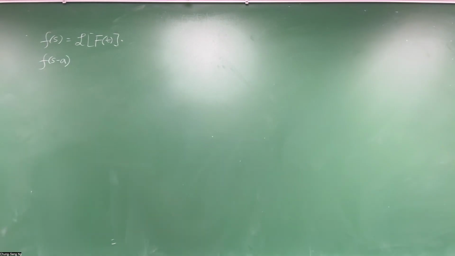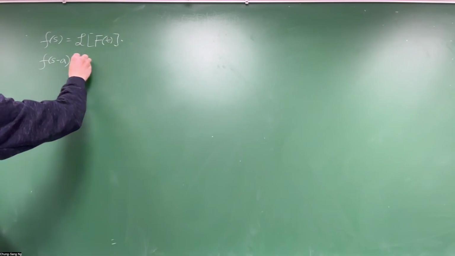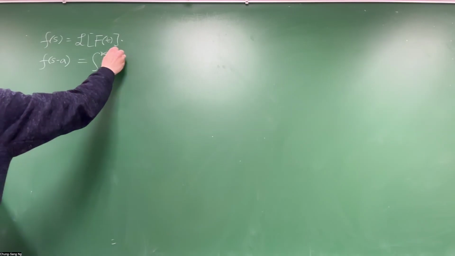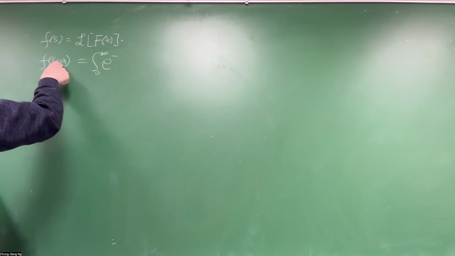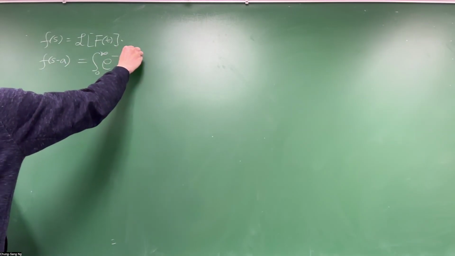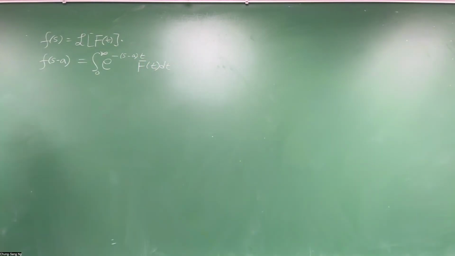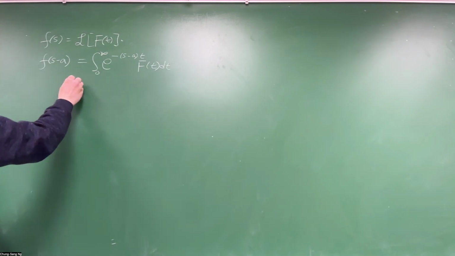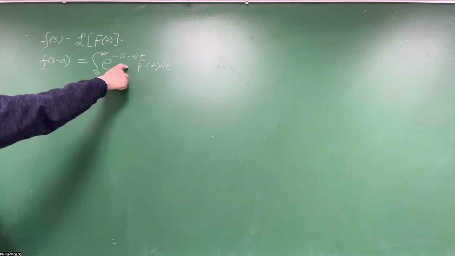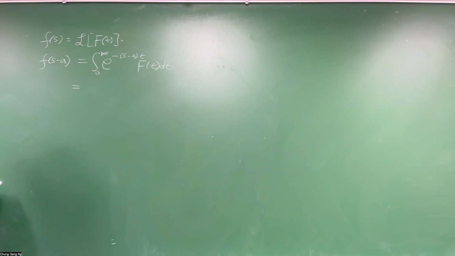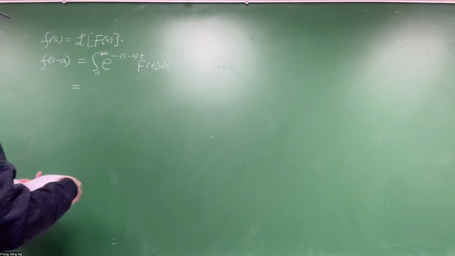Again you just plug in the definition, the integral to infinity of e to the minus s t. Now s is changed, so this becomes s minus a.